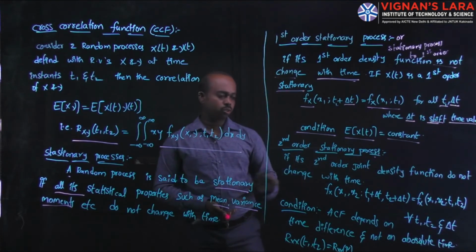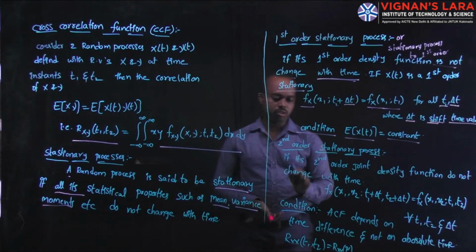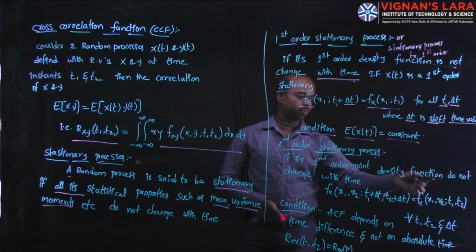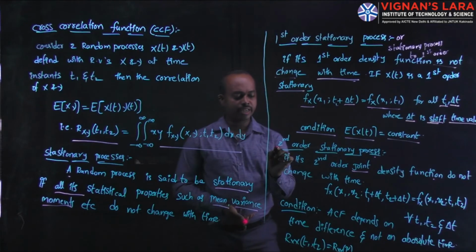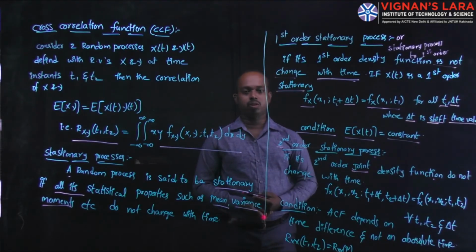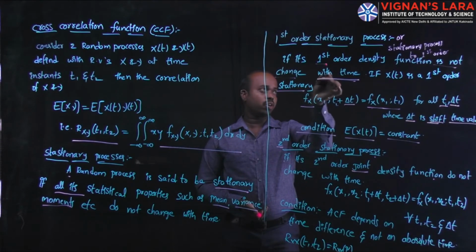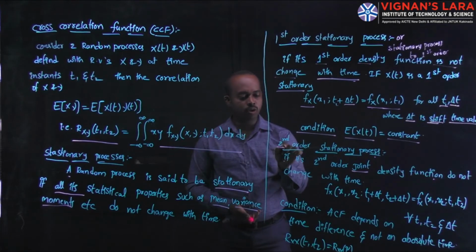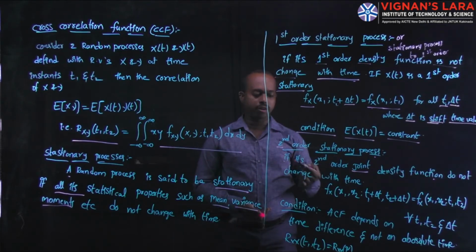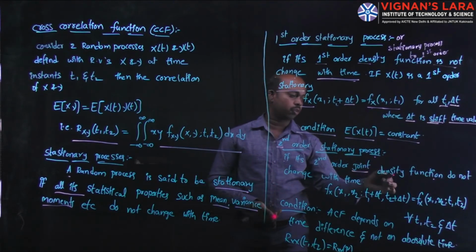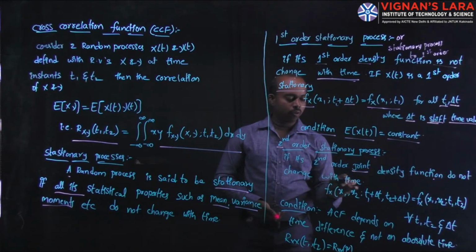Now coming to the definition of a second order stationary process: if its second order joint density function does not change with time. You use the word joint because it is second order; in the case of first order, we use just the density function, but here we add one more variable, so the order increases.